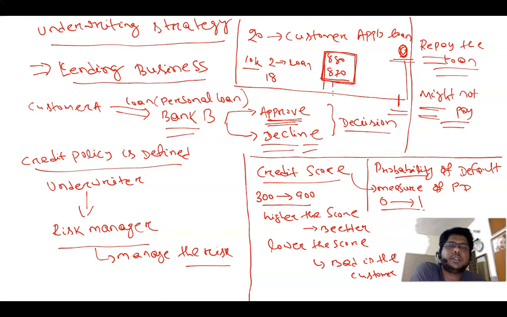That works if everybody is applying at the same time, but in real life the customer applies on their own time, nobody applies together. So this method will not work, but the principle remains the same. The higher the score you should approve, the lower the score you should not approve.